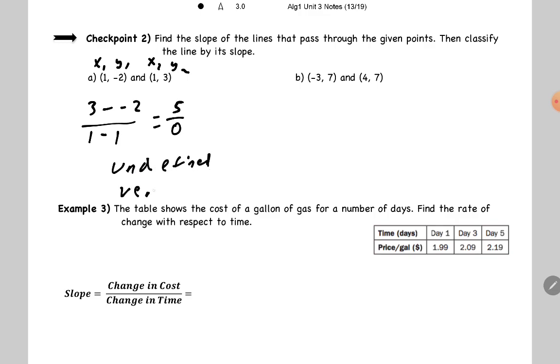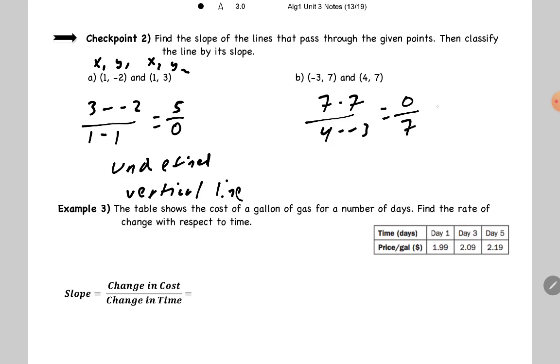That means that's a vertical line. Next one. 7 minus 7 over 4 minus negative 3, which is equal to 0 over 4 plus 3, which is 7. So this is a 0 slope, so that's a horizontal line.